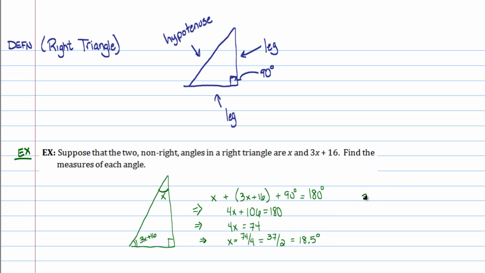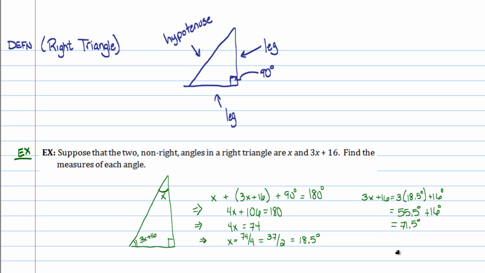So therefore the other angle, which is 3 times x plus 16, will be 3 times 18.5 degrees plus another 16 degrees. Should be about 55.5 degrees. I'll double check that in a moment here. Plus 16 degrees. Yeah. It's 71.5 degrees.